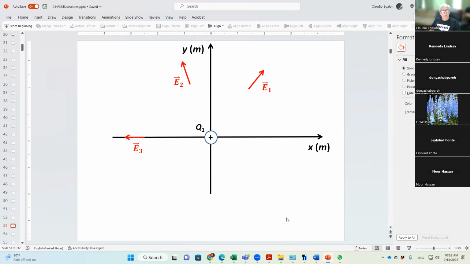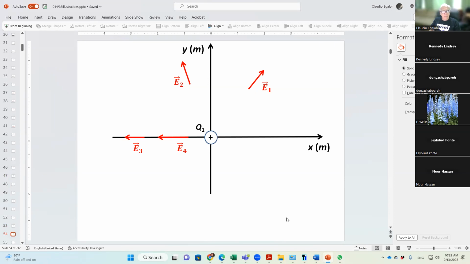One way to represent the electric field is by vectors. At every point in space, you draw a vectorial symbol, an arrow. If the point in space is closer to the electric charge, then the electric field is going to be stronger. But doing that for the whole space is too much work.